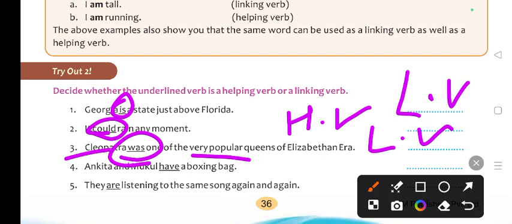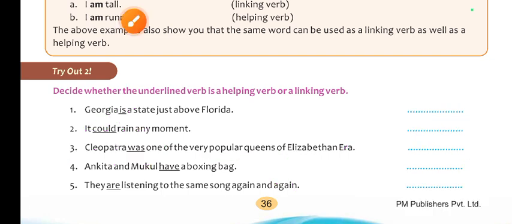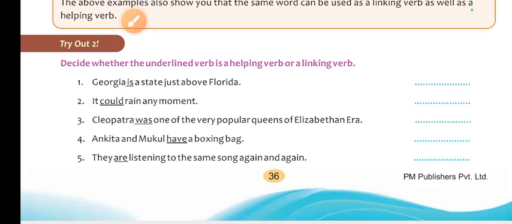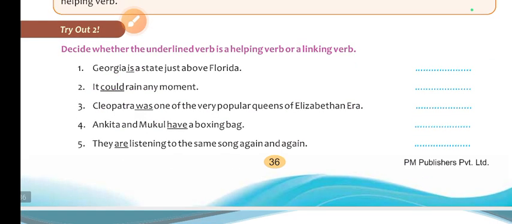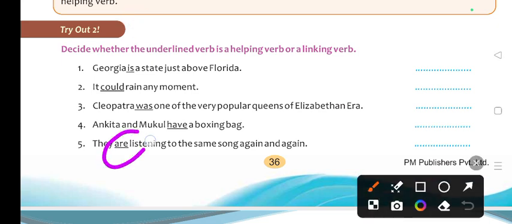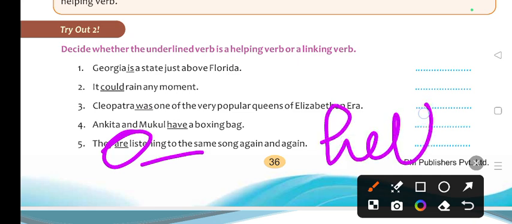We will write helping verb here. Understood? Next is, they are listening to the same song again and again. So here are with the verb plus ing form is an example of a helping verb. Understood?